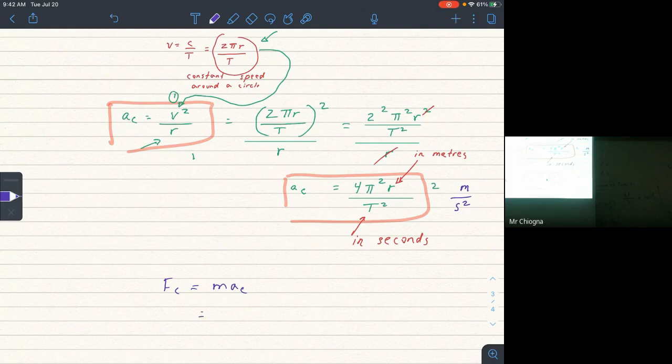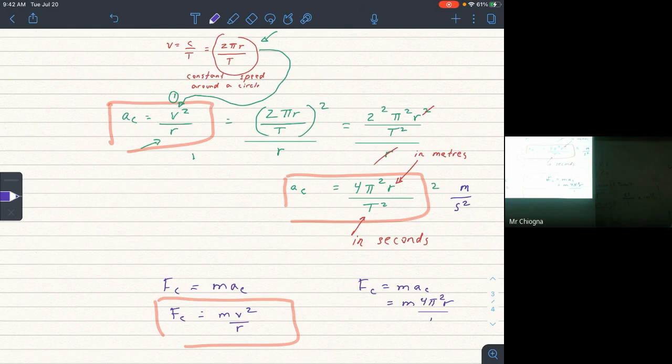You've got two equations. You've got that one, and you've got this one. Put the line underneath the whole thing.